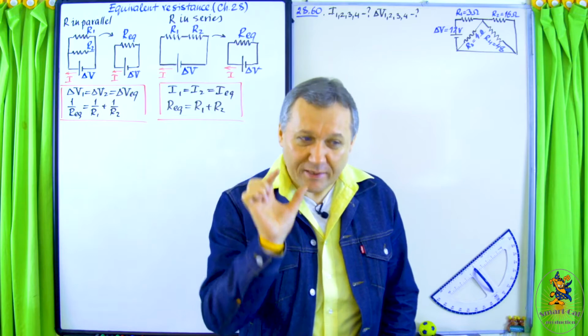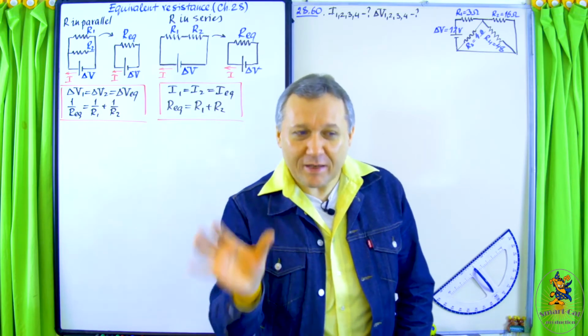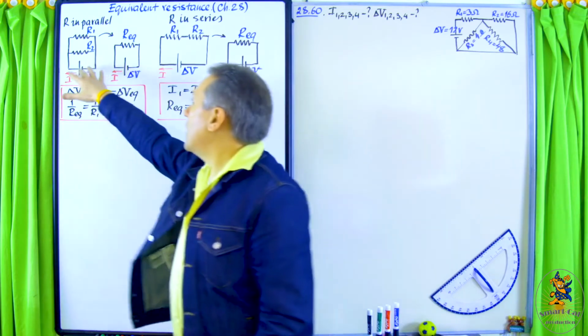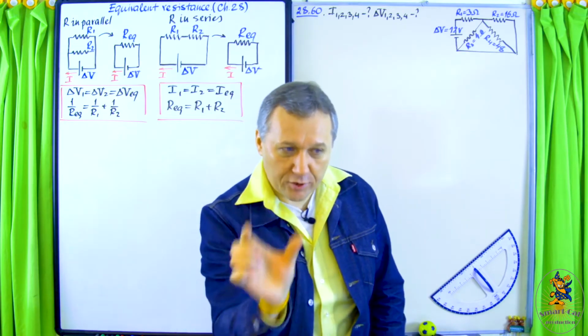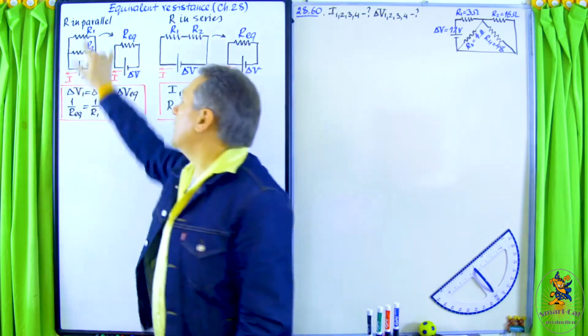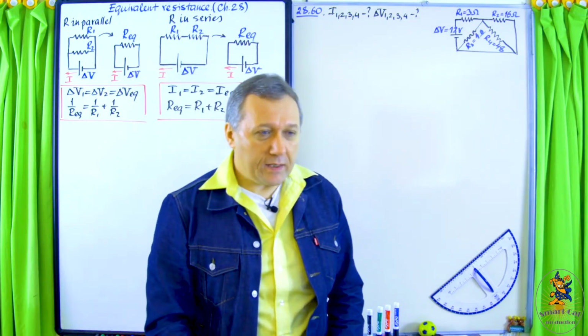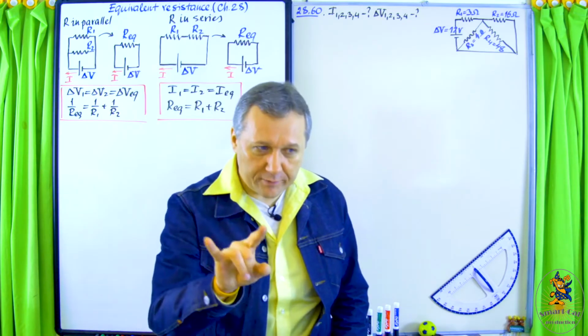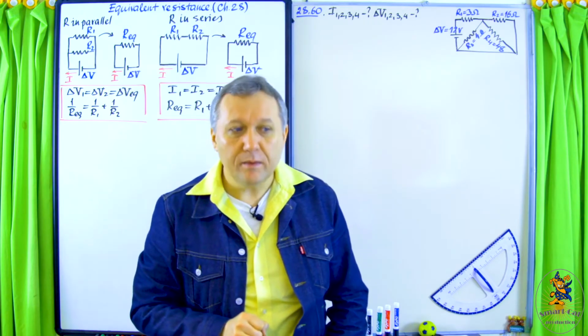It means that the potential difference across those resistors must be exactly the same, no matter to which circuit you connect them. You can connect bulbs or motors or maybe people, whatever, any elements. If potential differences across the elements are exactly the same, it means they're connected in parallel.